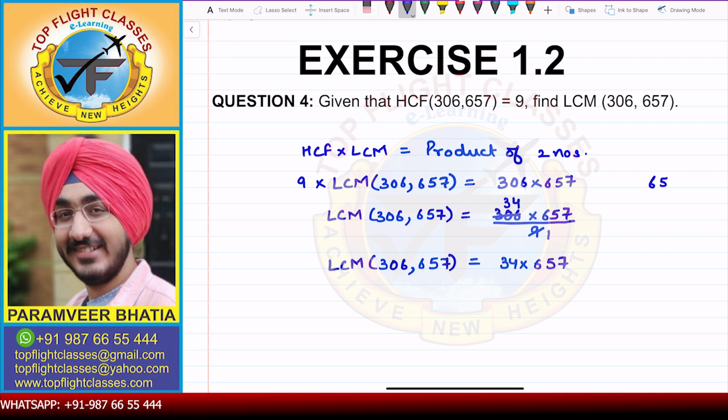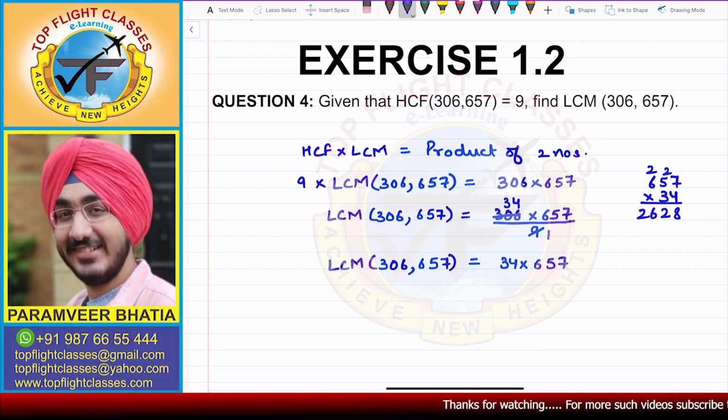So 657 multiplied by 34. 4 7s are 28, 2 goes up, 4 5s are 20 and 2 is 22, 2 goes up, 4 6s are 24 and 2 is 26.